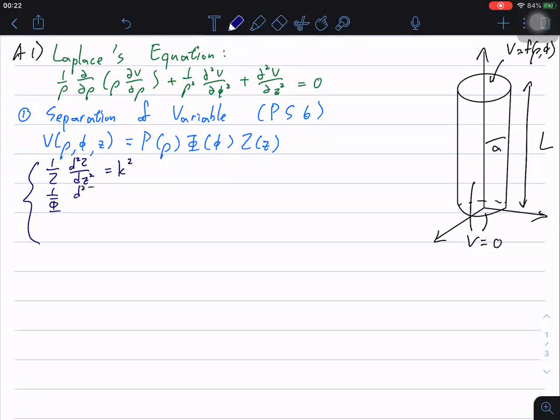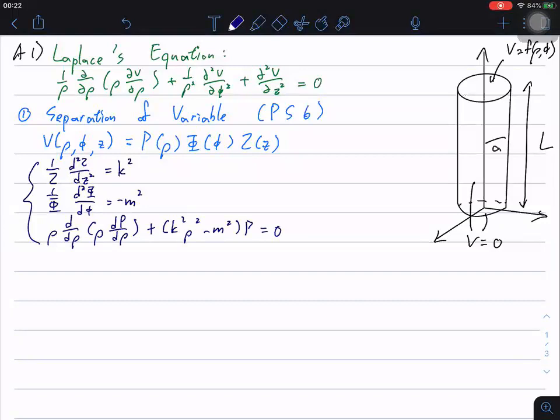So these 3 equations are the ODEs you obtained after separation of variables. Right now you just have to solve the ODEs one by one.